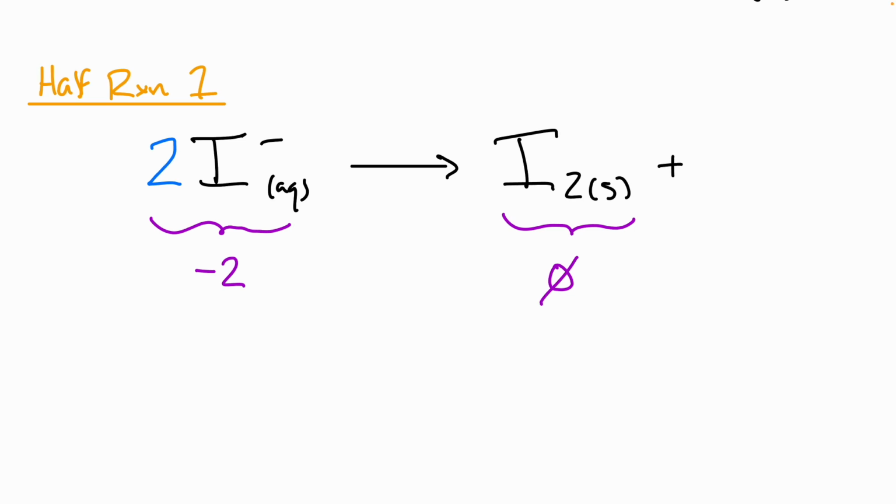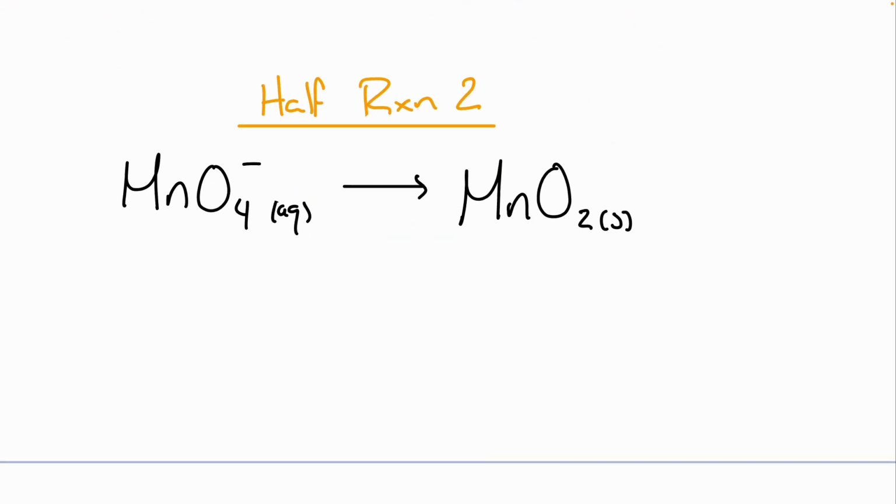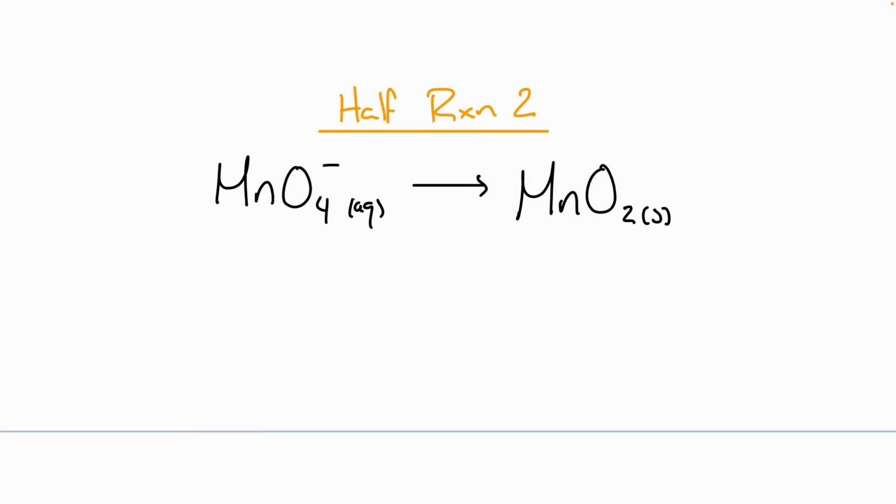The right side. So 2 electrons. Now if I recalculate my net charge over here on the right-hand side, it matches the left-hand side, -2 and -2. Cool. So this half reaction here is now charge balanced. Okay, go over here.